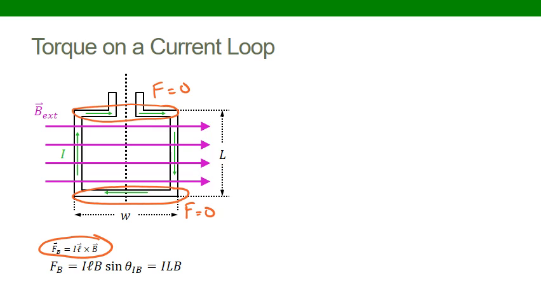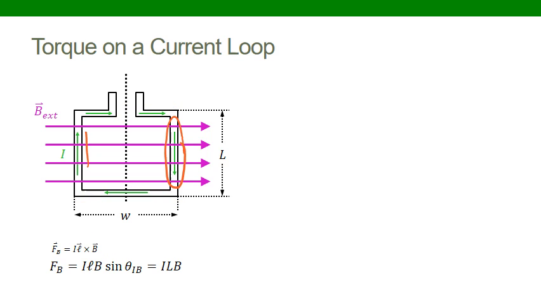So the only parts of the wire loop that contribute any force are the right-hand side and the left-hand side of my wire loop. So we're going to pay particular attention to those parts. What's also interesting is that the current always points either down towards the bottom of your screen or up towards the top of your screen, whereas the magnetic field always points from left to right.